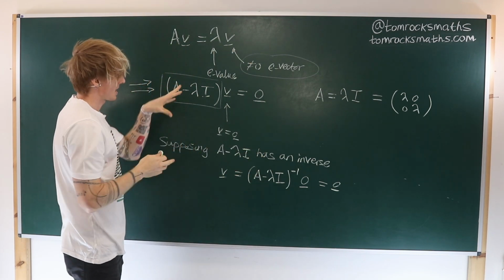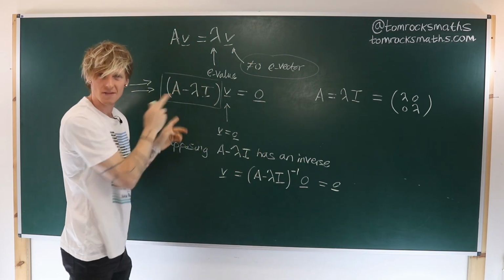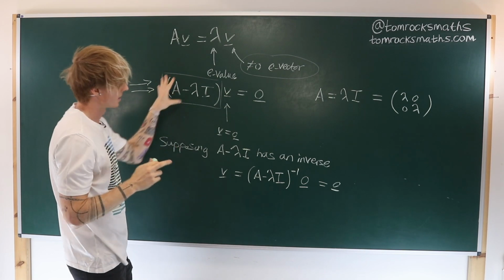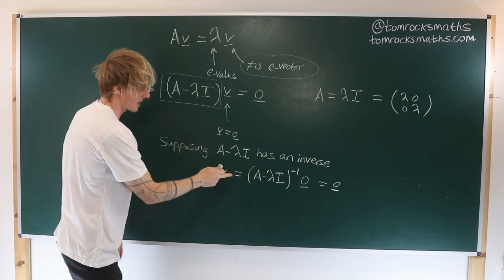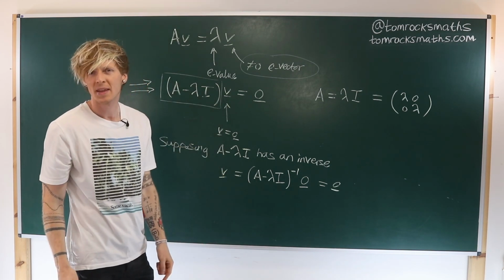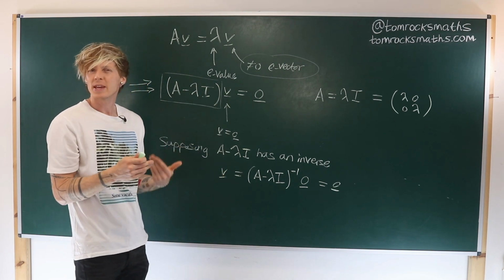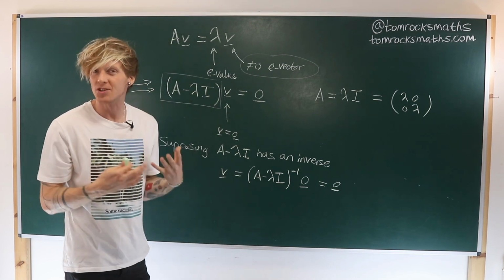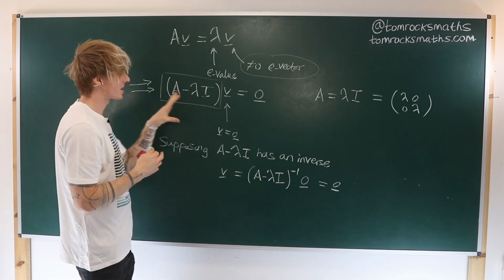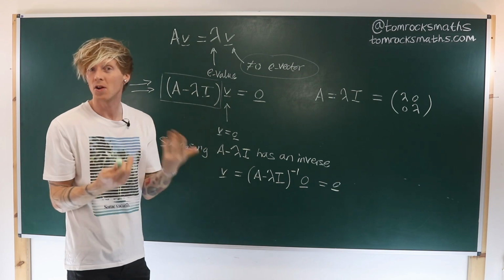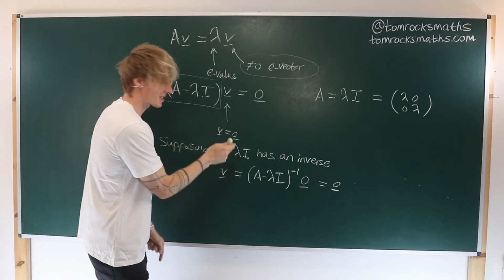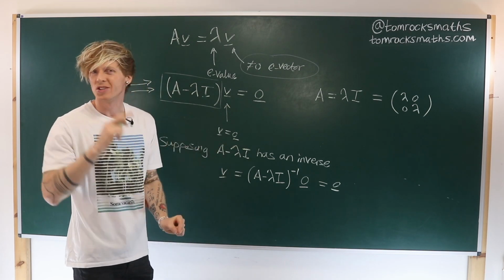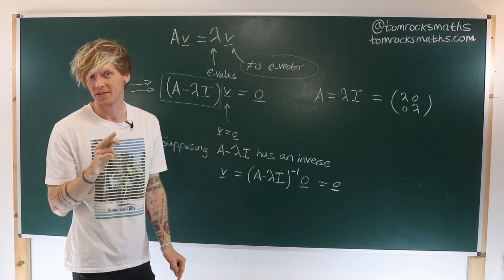So if this has an inverse, we can multiply both sides by the inverse, and we again get V is 0. So the only way we can find a non-zero V is if this matrix, A minus lambda I, does not have an inverse.